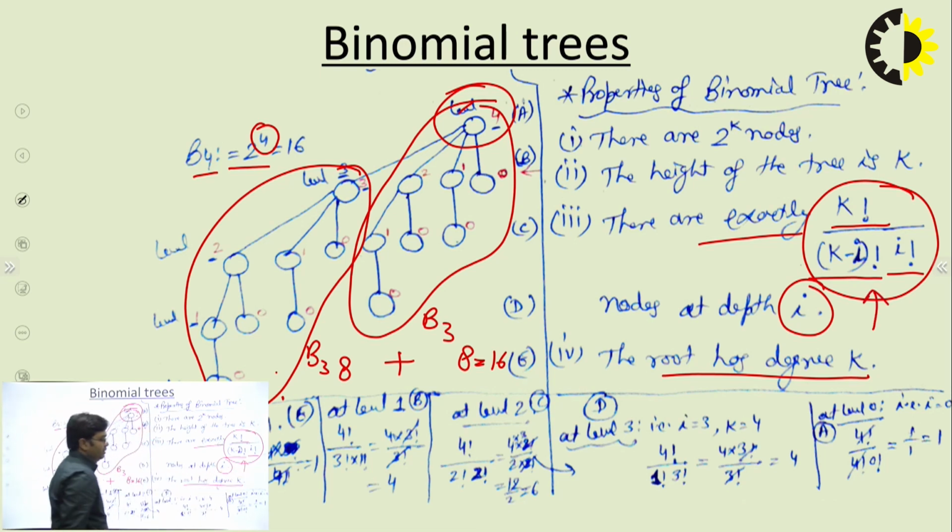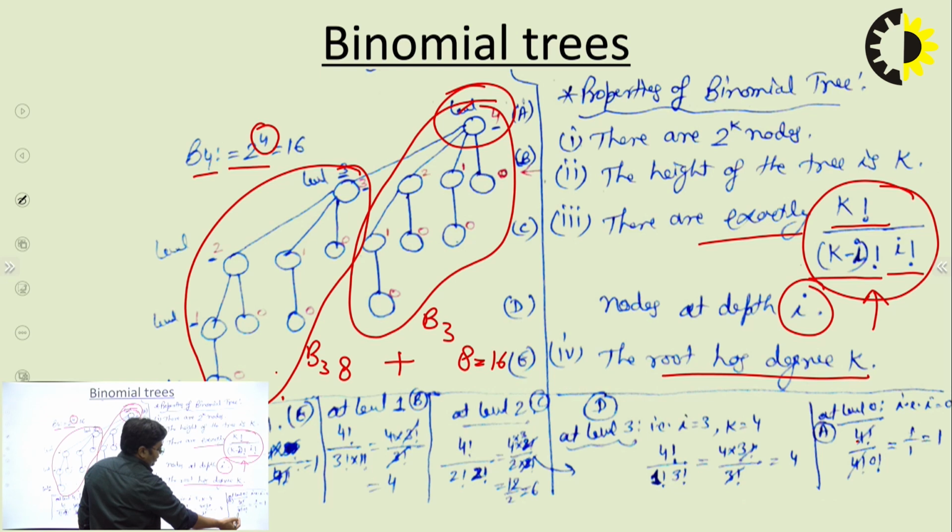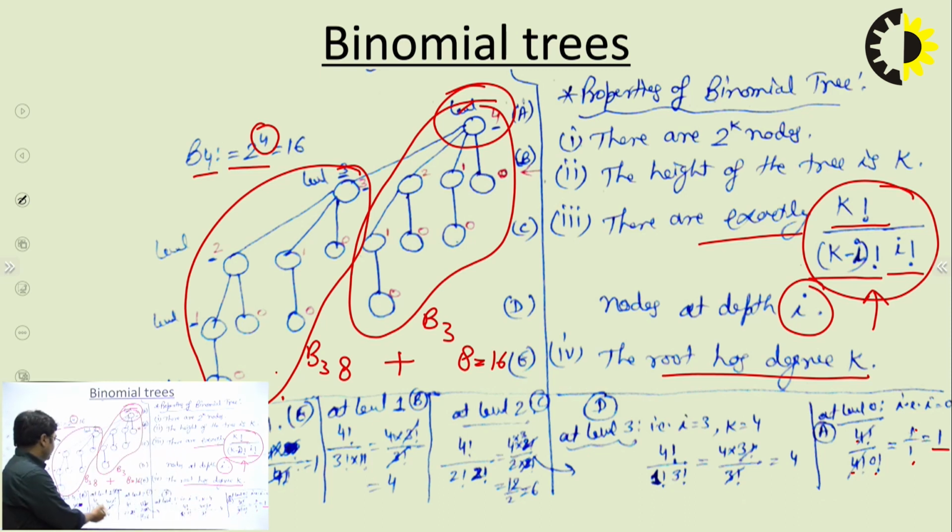If we are searching in this tree, how many nodes are at level 0? We put values in this formula: 4 factorial divided by 4 factorial and 0 factorial, that is 1 divided by 1, equal to 1. So we can see at level 0 we have only one node.